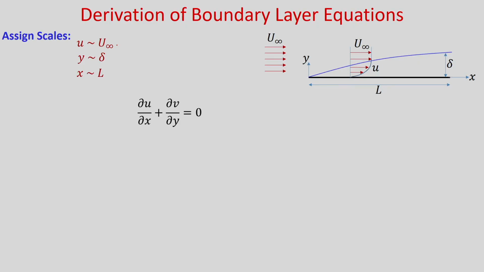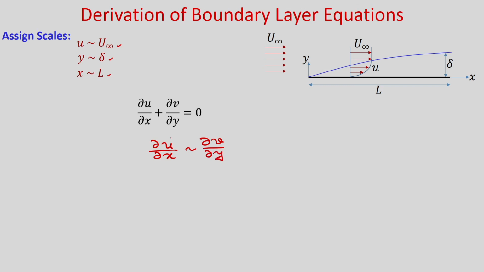So, first let us consider the continuity equation and find the scale for the velocity v. So, we have the scale for u as u infinity, y as delta, and x as L. So, this is the continuity equation. If you see, we can write del u by del x will be of the order of del v by del y.